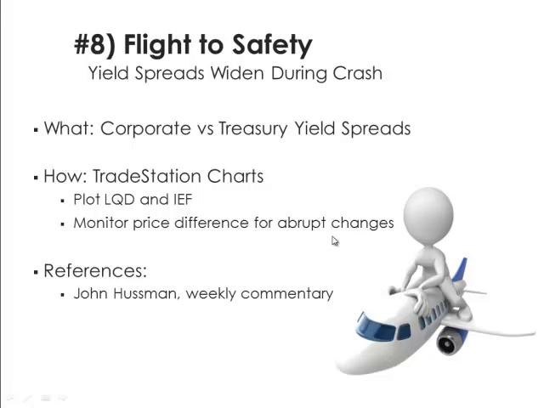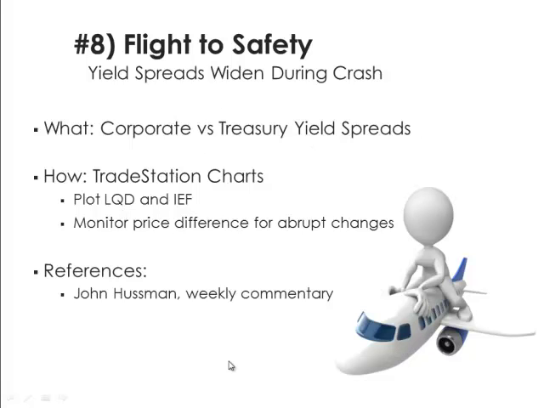And what I'm looking for is abrupt changes, because what happens is when the people, and I mean big people, that trade large quantities of bonds, well, they're happy and content to take risks. They will move more and more money into corporate bonds, more and more into things like LQD or things that are reflected in LQD.